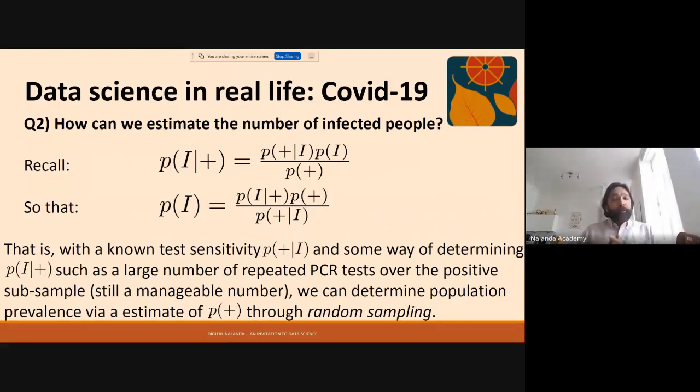So let's move on to another, more interesting question right now. I told you at the beginning that let's say there's some prevalence out there of 1%, 1 out of 100 people is currently infected. So how can we actually estimate that? Let's say that's the quantity we're interested in. So I just go back to Bayes' theorem, but instead of calculating this quantity, I just flip it around.